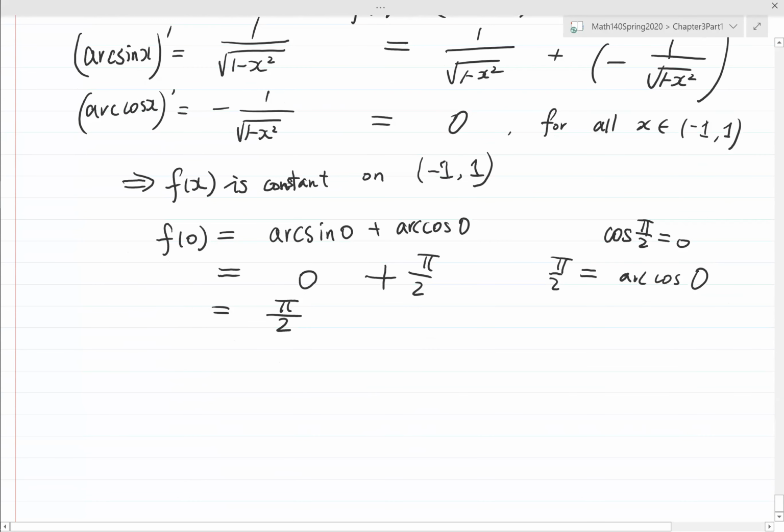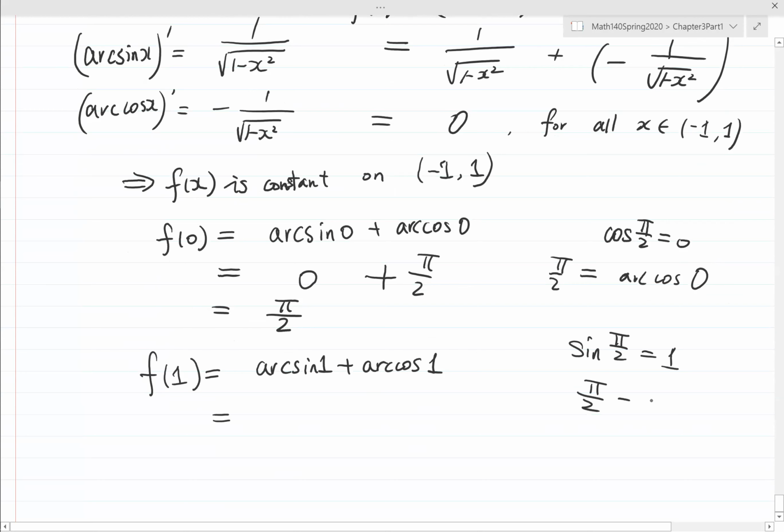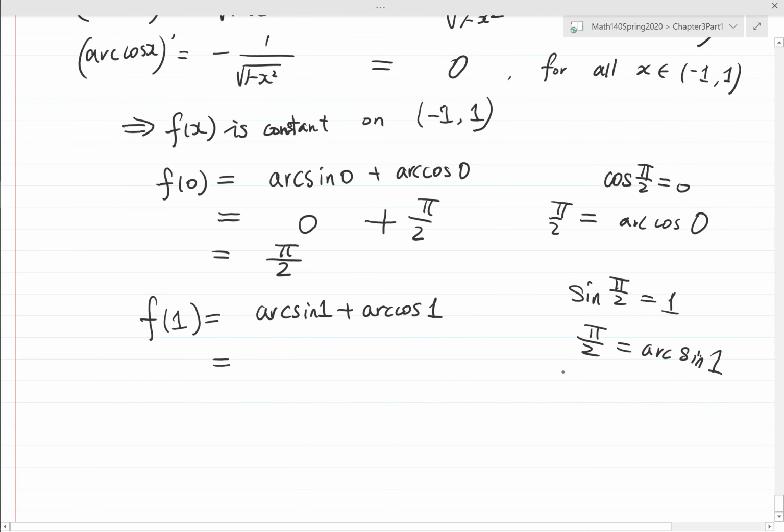Now we also need to check the two endpoints. F(1), what is f(1)? Arcsine of 1 plus arccosine of 1. We know sine pi over 2 is 1, so taking arcsine, pi over 2 is arcsine of 1. We know cosine 0 is 1, so 0 equals arccosine of 1.